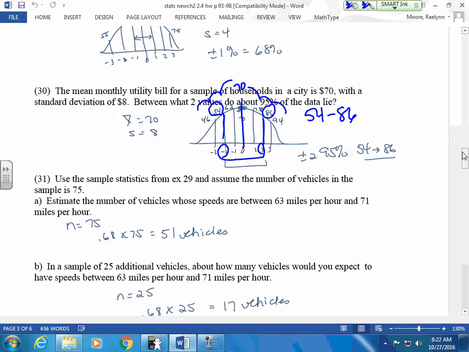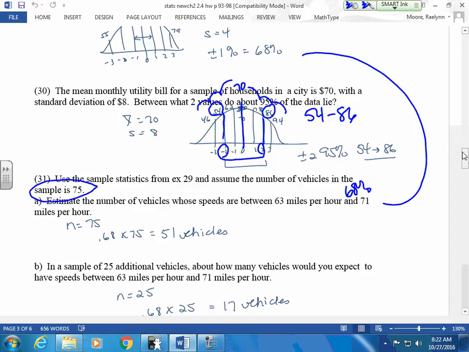Now this is a good thing too. From example 31, remember we found 68%. Say I'm going to use the 68% and I have a sample of 75 cars coming through.